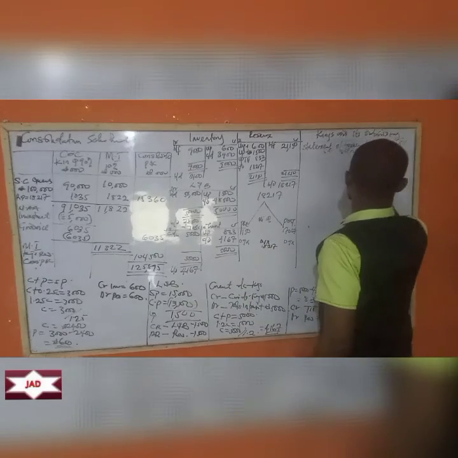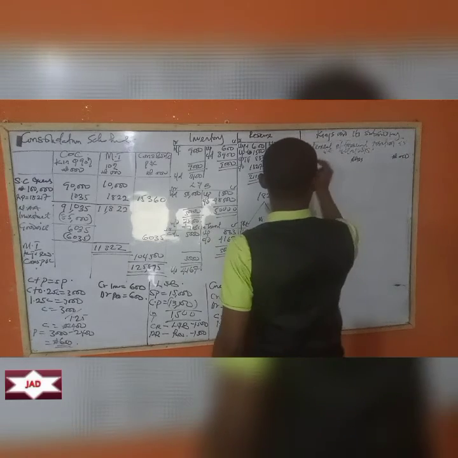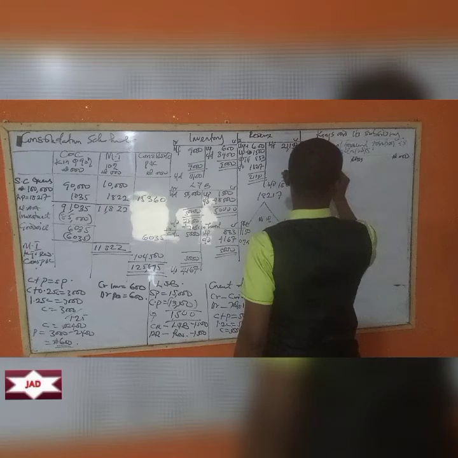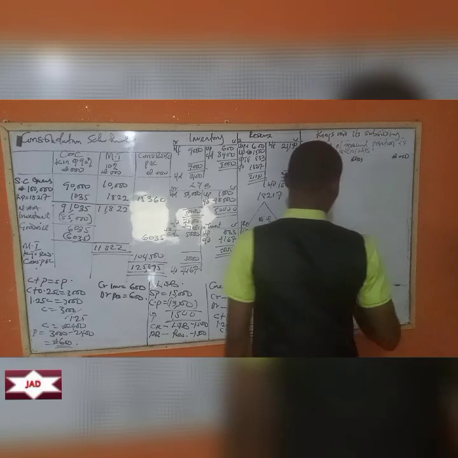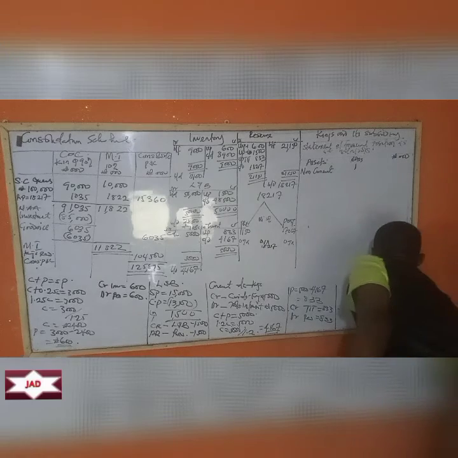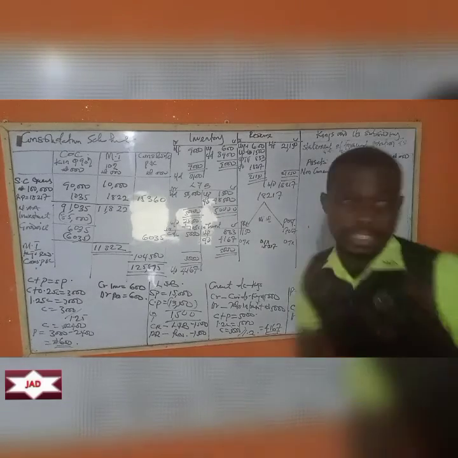So we have our notes. Assets: we say non-current, let's call that Note 1. So let's put that here. Note 1. What are the non-current assets now?